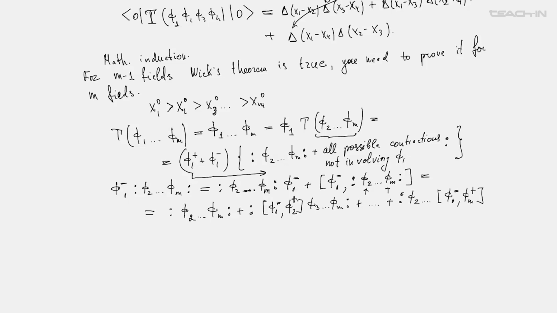So in other words, I will commute phi 1 minus with any of these fields phi 2 and so on, phi m.